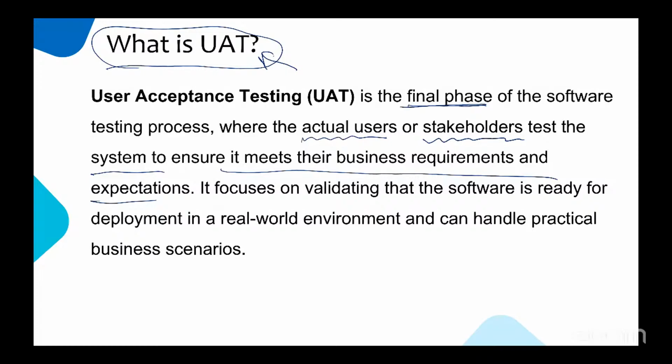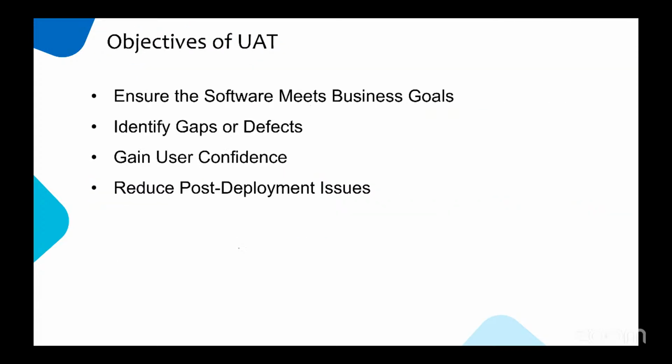But what the book definition says is that it will be done by the stakeholders. Again, we check according to the requirements whether it is working or not. The main focus is whether I can deploy it in the real-world environment, the final environment, and whether it can handle practical business scenarios. The main objective here is whether business goals are met or not.